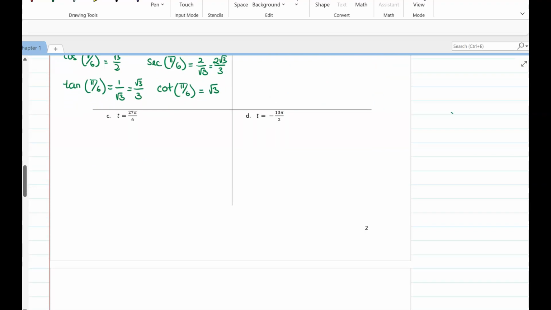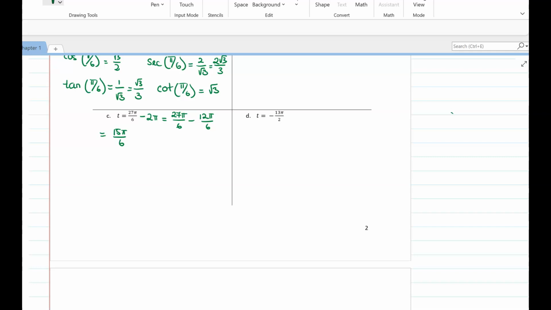Again, in part C, we don't know what is the value of 27 pi over 6. So we have to find the coterminal angle that is on the unit circle. I'll do that by continuously subtracting 2 pi from 27 pi over 6. Well, 15 pi over 6 is not quite the value that I want.